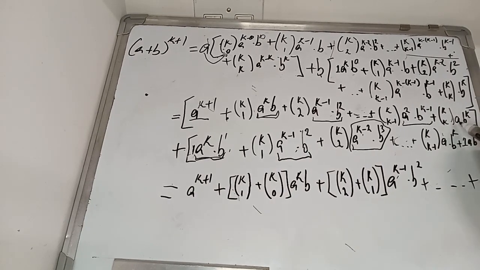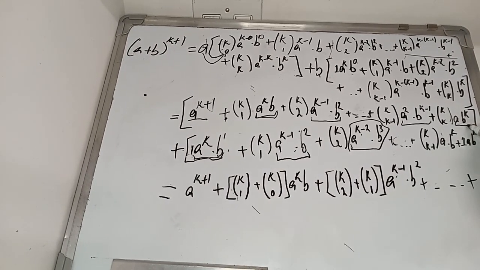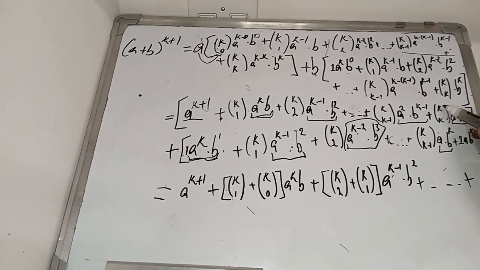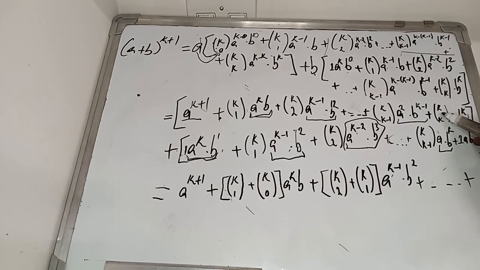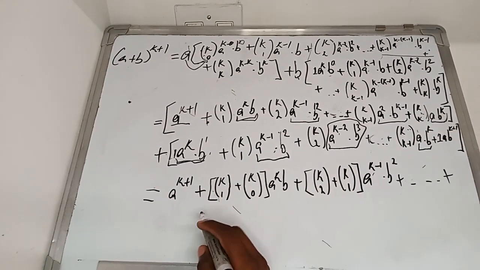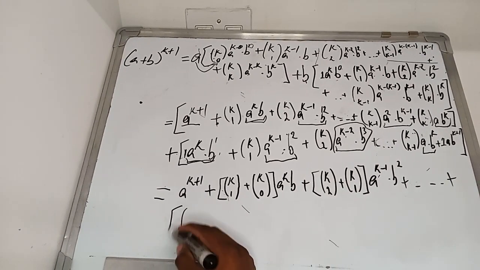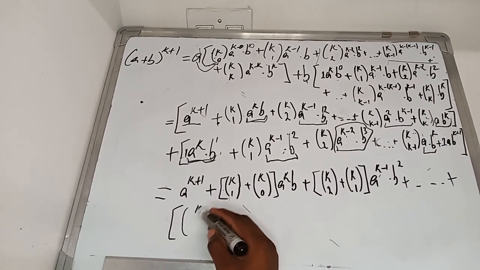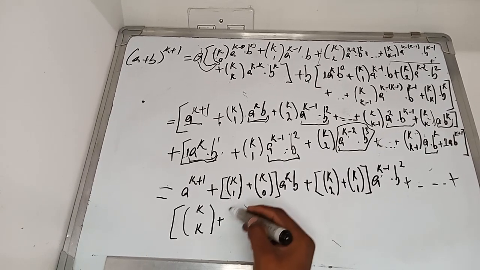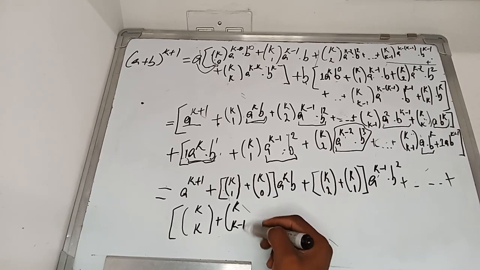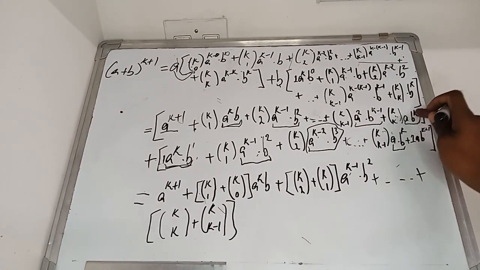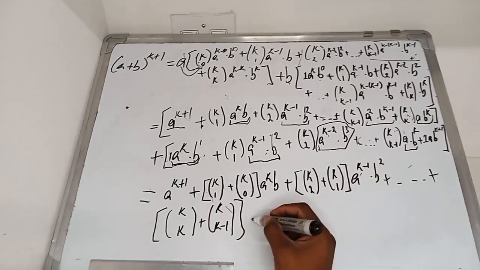This is a b to the power k, then this is a b to the power k. So I will add these coefficients, right? Allow me to add these coefficients right here. It's k choose k plus k choose k minus 1 of a b to the power k.